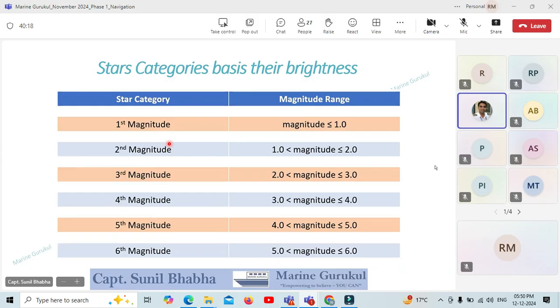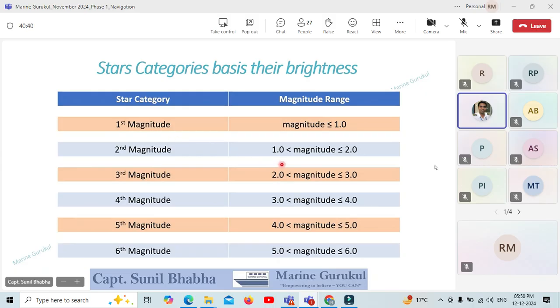This is a group of the brightest possible stars in the sky, and they are the most preferred stars for the purpose of sight taking or observation. We always prefer to have a first magnitude star for our sight taking purpose. They are the easiest to spot in the sky, being the brightest.